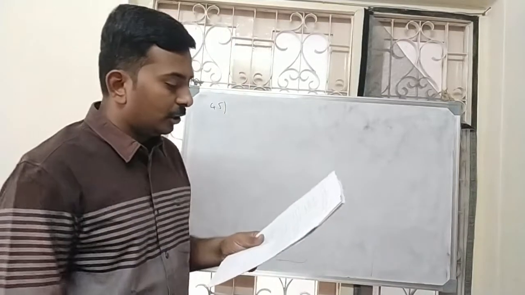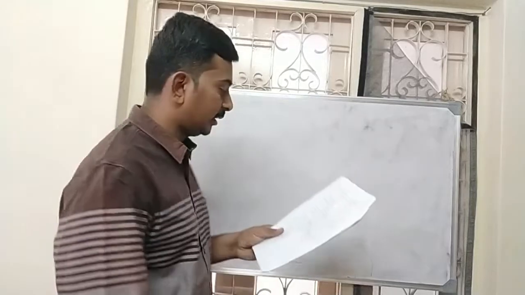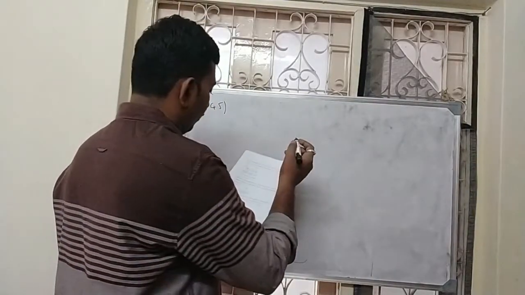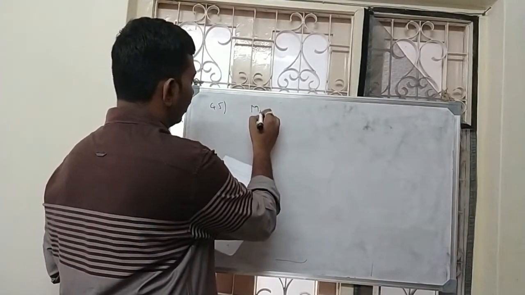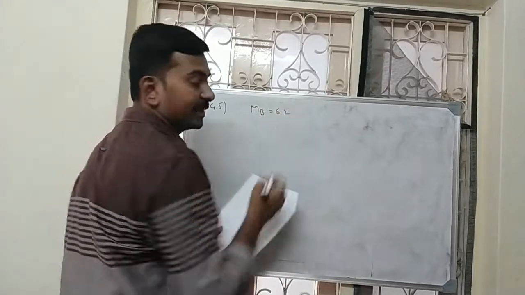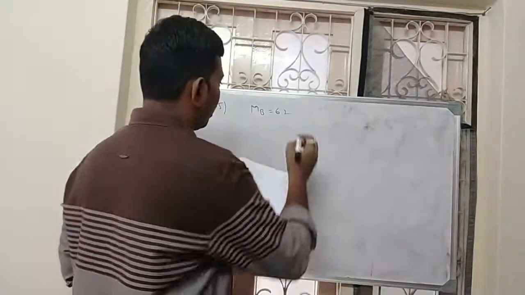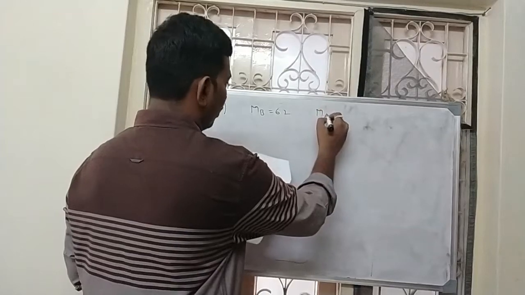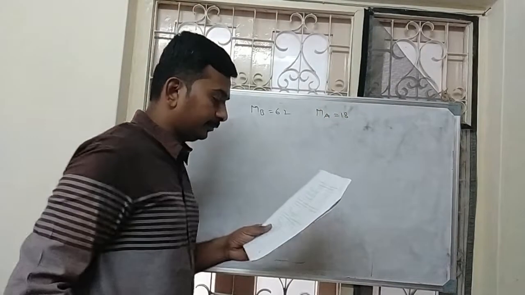So what is the information given? We will write it up. The volumes of ethylene glycol and water are the same, right? And molar mass of ethylene glycol, the solute, is 62, and water molar mass we know, so molar mass of solvent is given as 18.